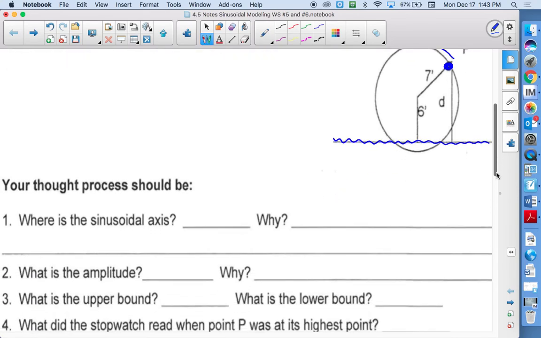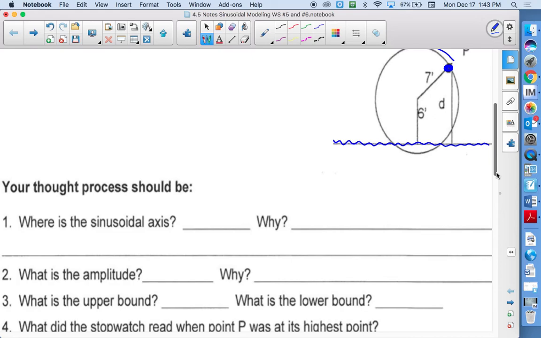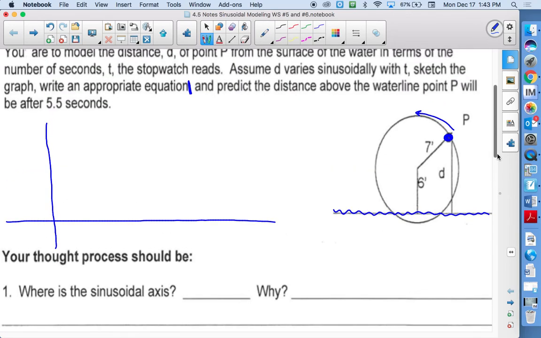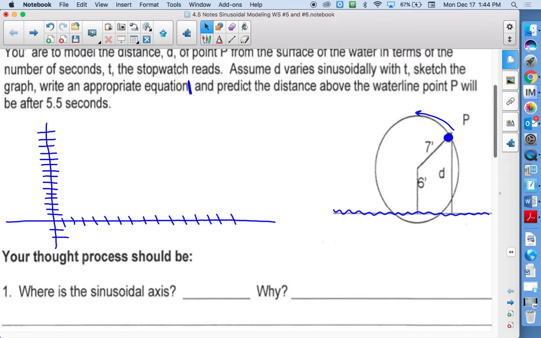So before we actually work through the bottom questions, if you can draw yourself a semi-straight XY axis. I just went up to 15, and over to 15.